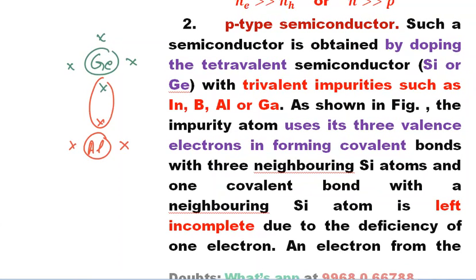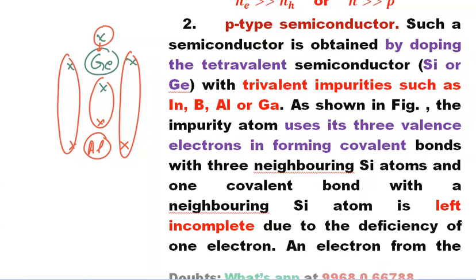Exactly 3 covalent bonds are formed between aluminum and germanium, but the 1 electron of germanium, which is comparatively strongly bound with germanium, is left here.